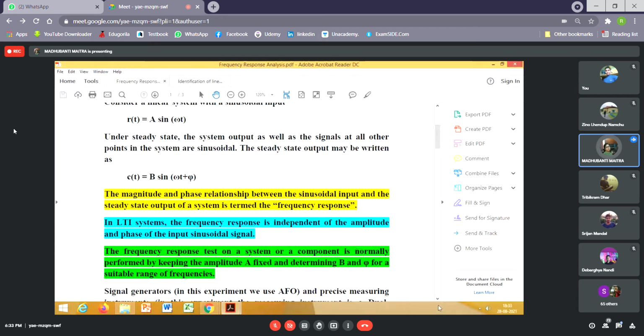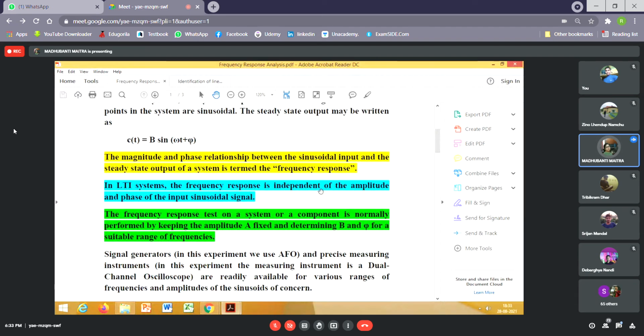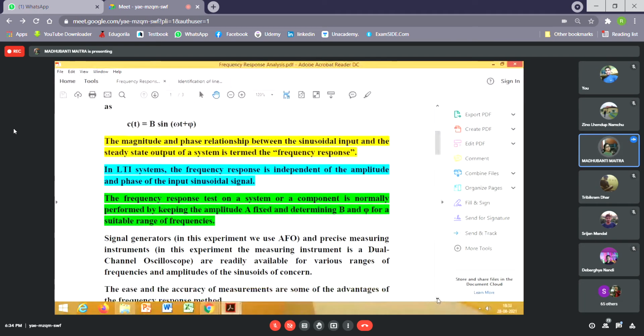Now in an LTI system, as I said, the frequency response is independent of the amplitude and phase of the input sinusoidal signal, right? So in our experiment, instead of keeping the voltage fixed at 6 volt, we can fix it at 8 volts as well. In this experiment, anyway, we have kept the input voltage fixed at 6 volt peak to peak.